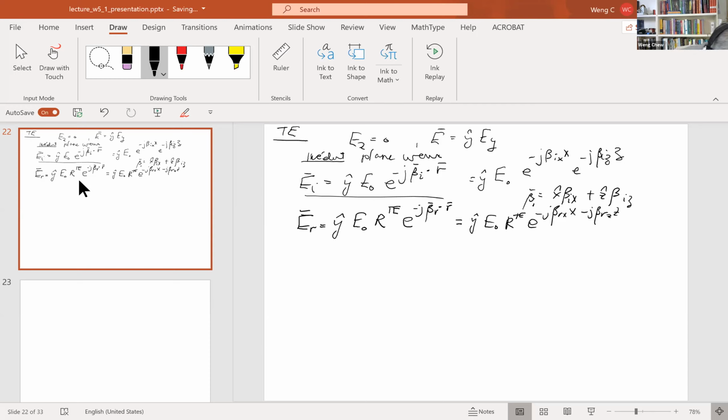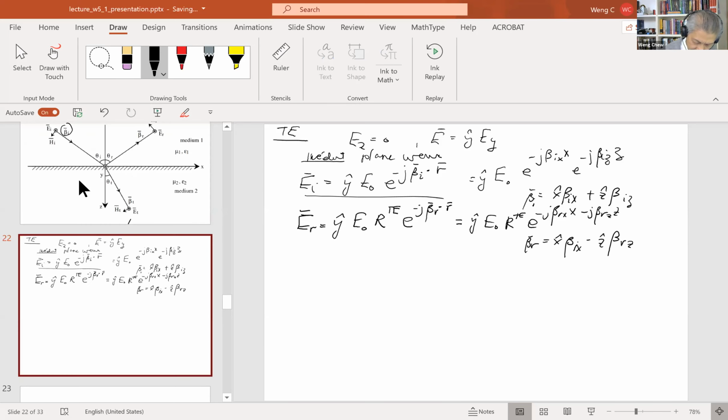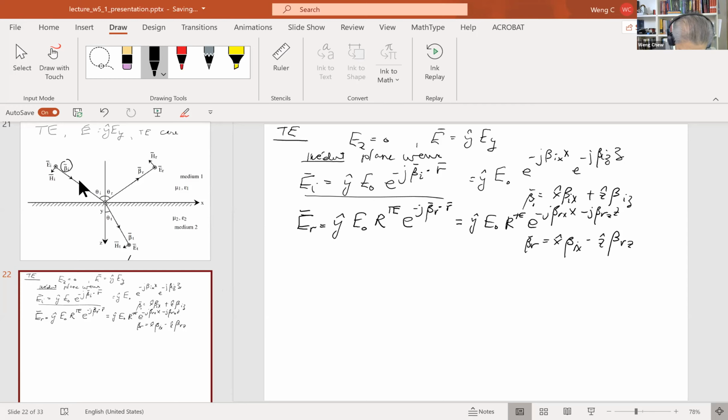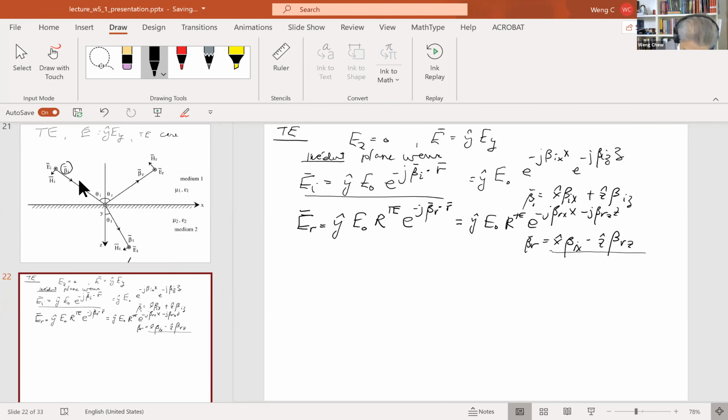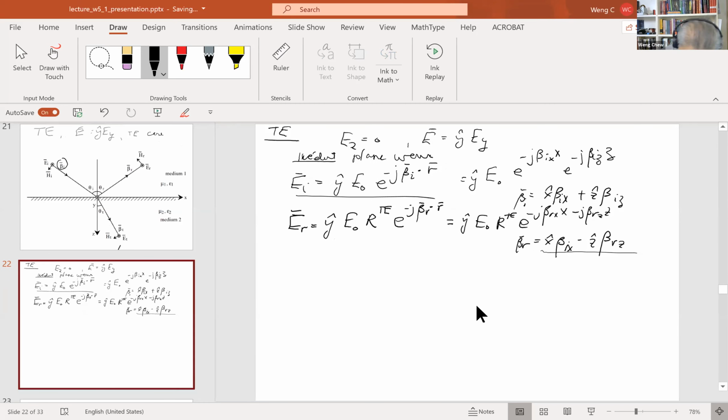I'm going to assume that beta R has a component of the Z vector that is of opposite sign, because in this picture, beta has a negative Z component and a positive X component as I drew it. So I'm going to change the sign here, indicating that this is propagating in a negative Z direction.